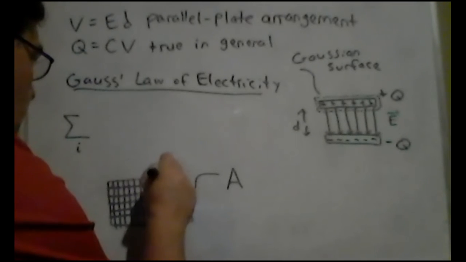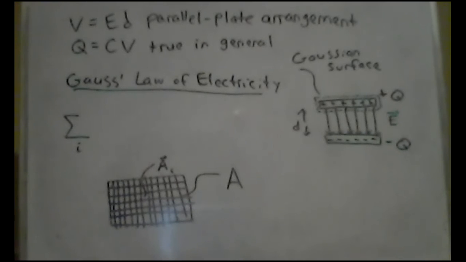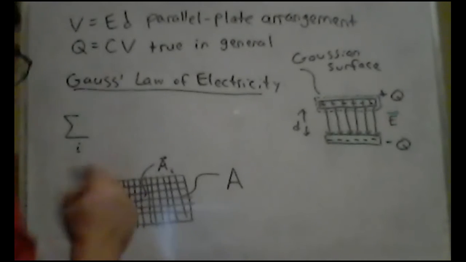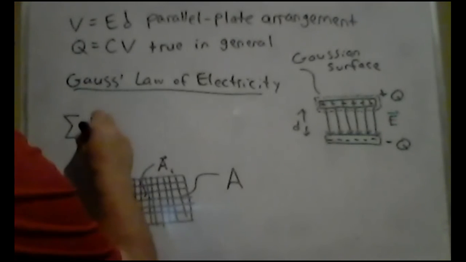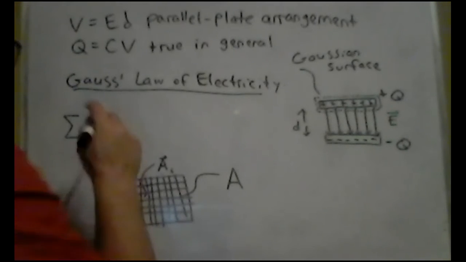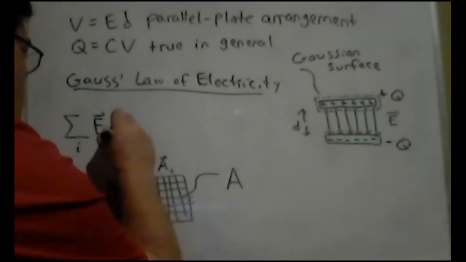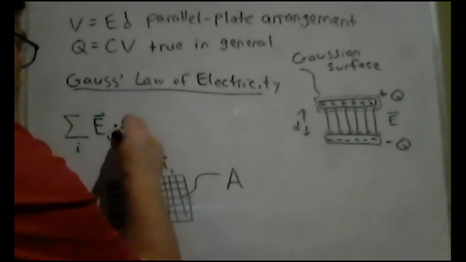Now remember, in physics, an area is actually a vector, and the direction is in the normal direction. So what Gauss's law says is I want to sum up for each one of these little areas the dot product of the electric field with the area normal. I make the area so small that I only have to worry about one electric field line there.